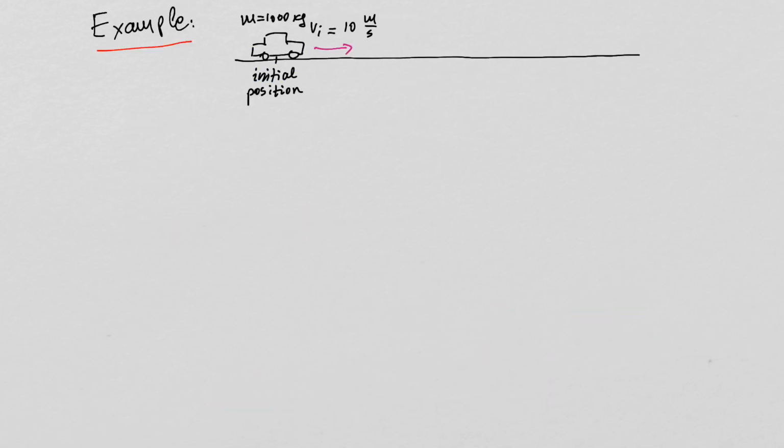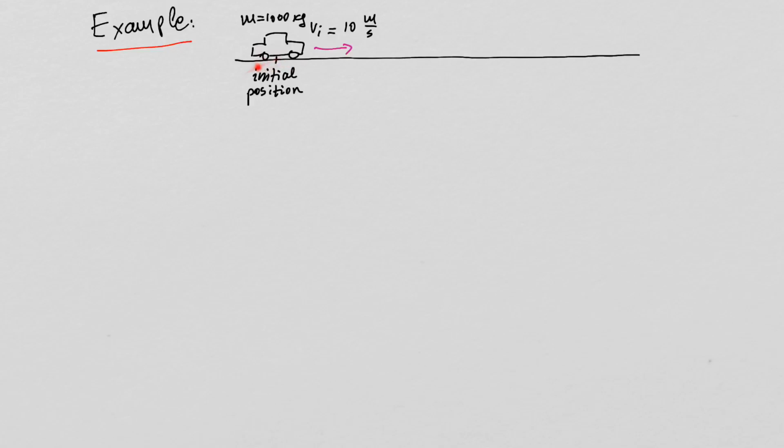So let's look at a car that has a mass of 1,000 kilograms, and at some point during its motion, which I will call the initial position, the car has an initial velocity of 10 meters per second.